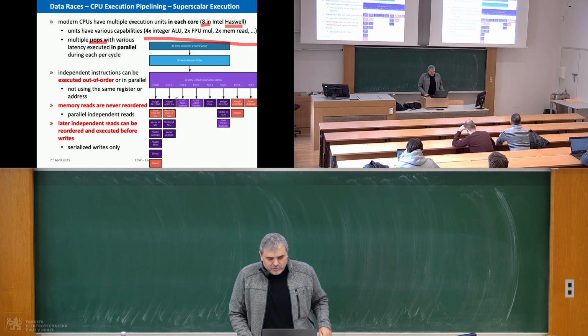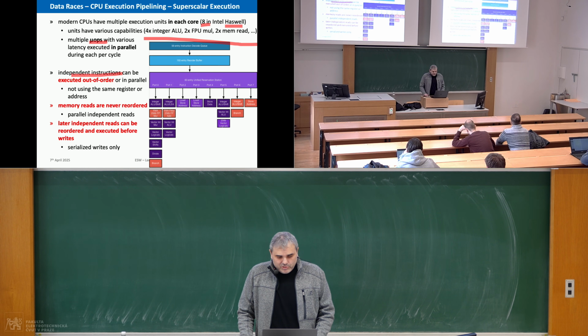Within this architecture, independent instructions can be executed out of order, in the CPU even. Even though there is some sequence of instructions in the assembly code, execution can happen out of order or in parallel if they are not using the same register or address.